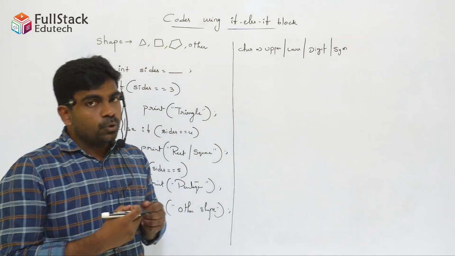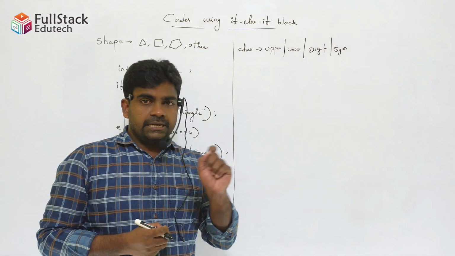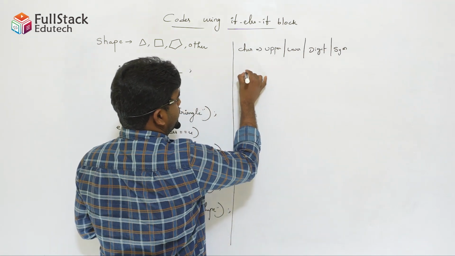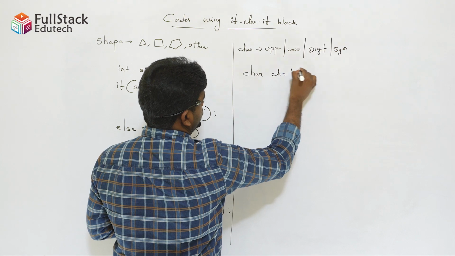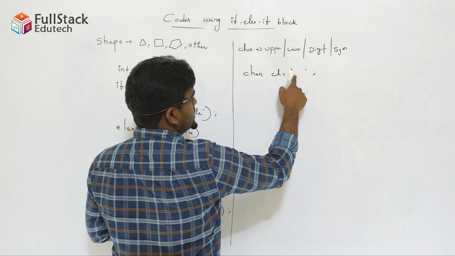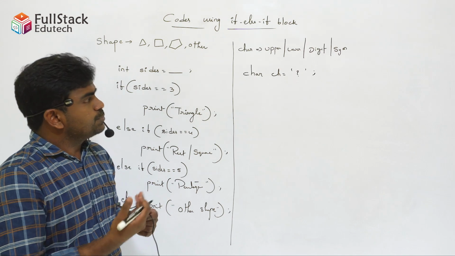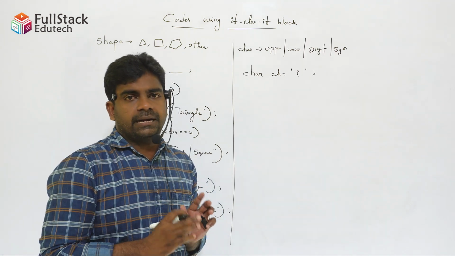And we already know the conditions; we discussed them in the logical operators video. How can we write this? First we take the character, ch is equal to. Any character you represent with single quotes: capital A, small z, 5, anything, symbol, dollar, @, no matter.